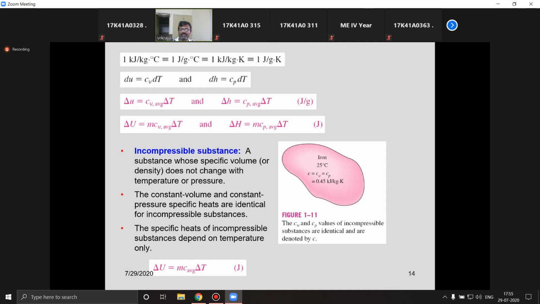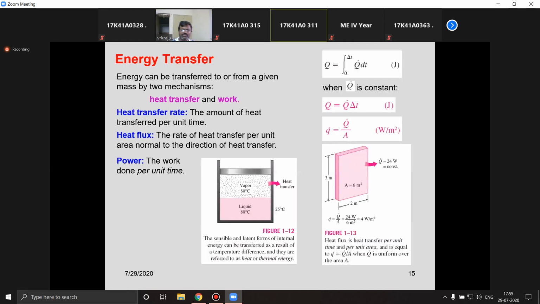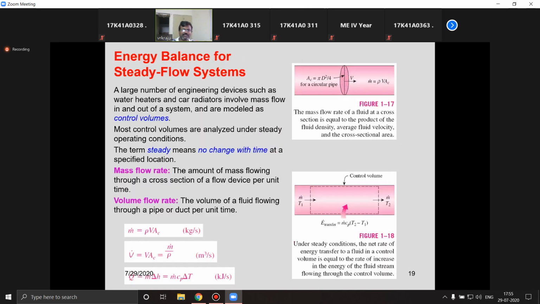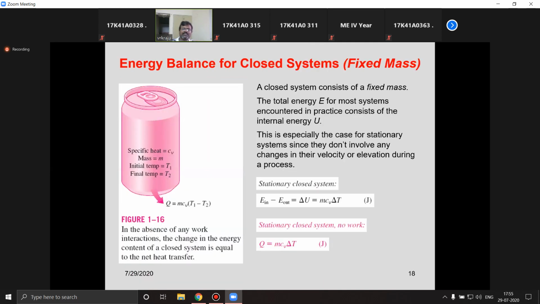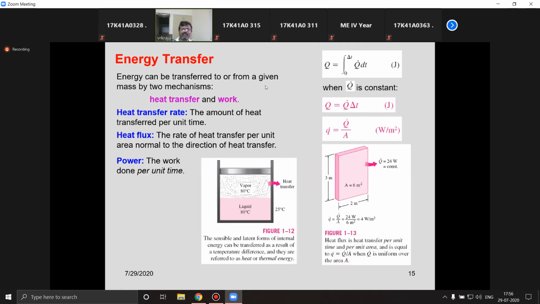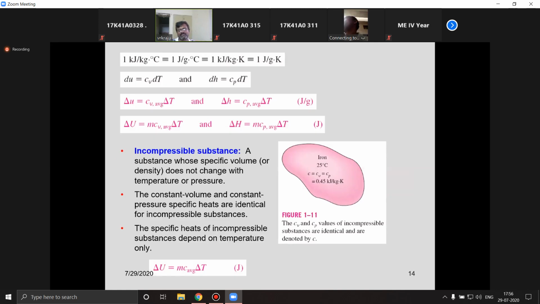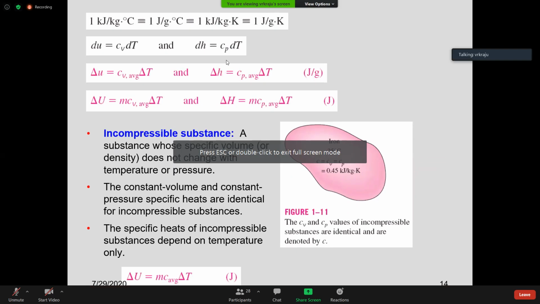So now if you substitute that here, Q equals m dot delta H. In place of delta H, we are writing Cp delta T. Or in other words, by the definition of specific heat at constant pressure, it is the rate of change of enthalpy with respect to temperature, keeping pressure constant.